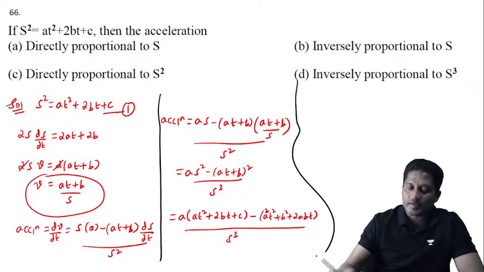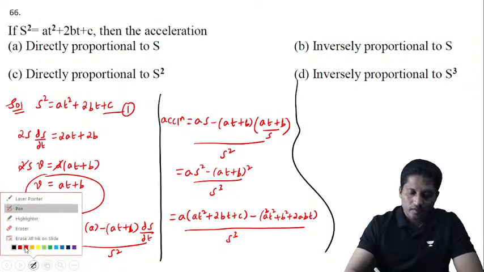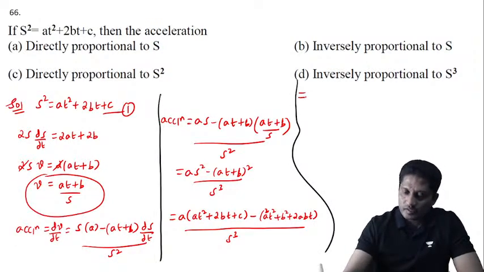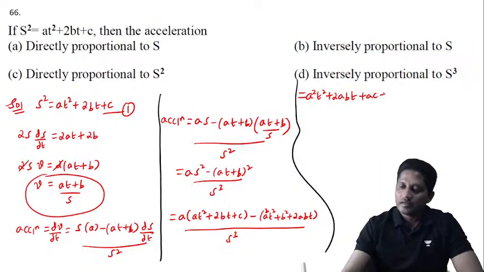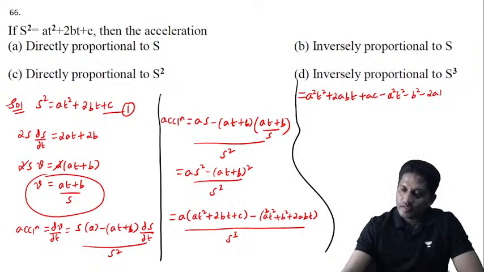Alright, now if I open the bracket, this becomes acceleration is equal to a square t square plus 2ab into t plus ac, right? Now open the bracket, you will get minus a square t square minus b square minus 2ab into t divided by s cube. This will cancel and cancel this as well.